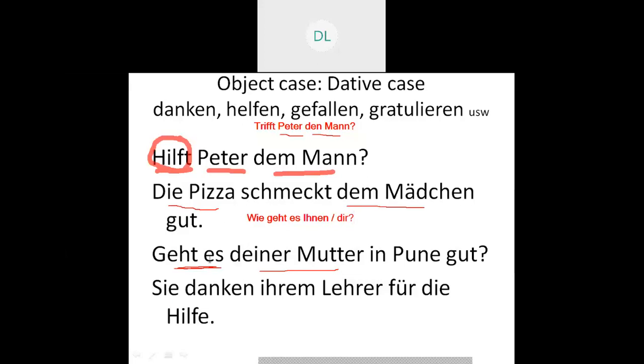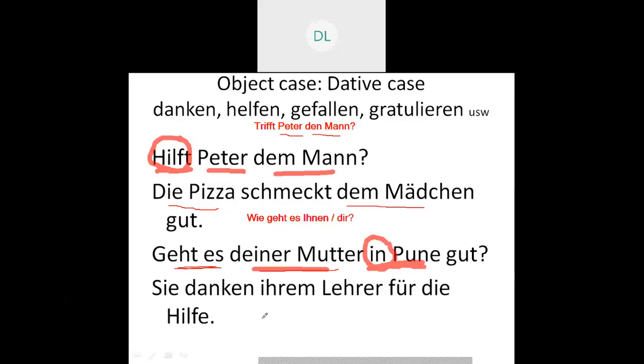So the sentence here is es geht plus dative: Geht es deiner Mutter gut in Pune? Deiner Mutter is your object, and for the object I am using the dative case because es geht plus dative applies. Pune is neither subject nor object, because before Pune the preposition in has come.